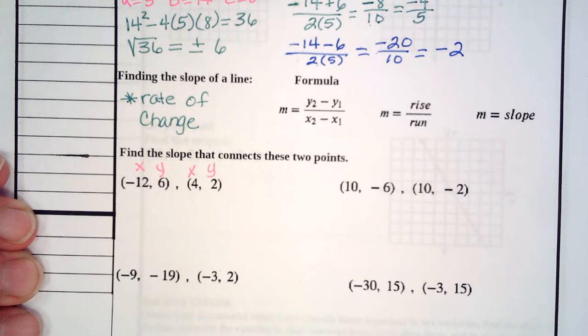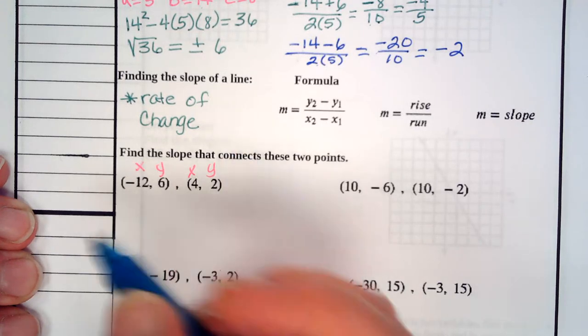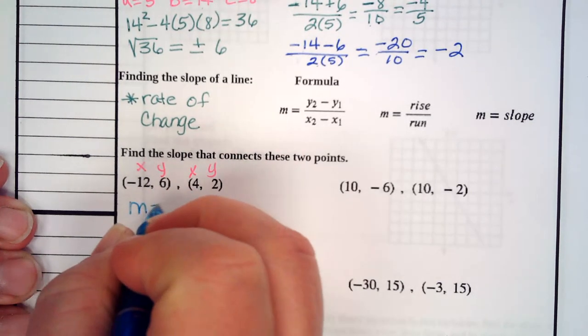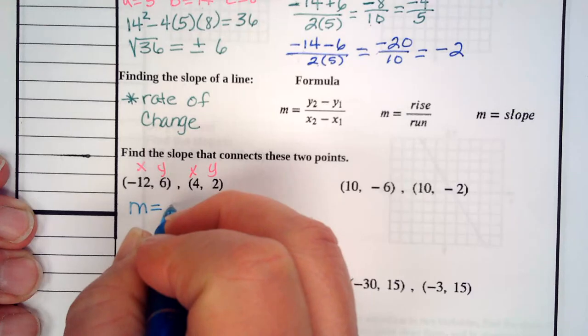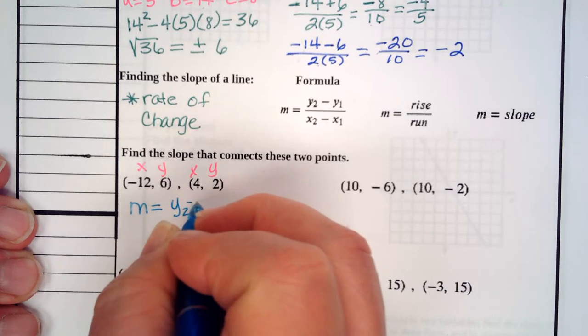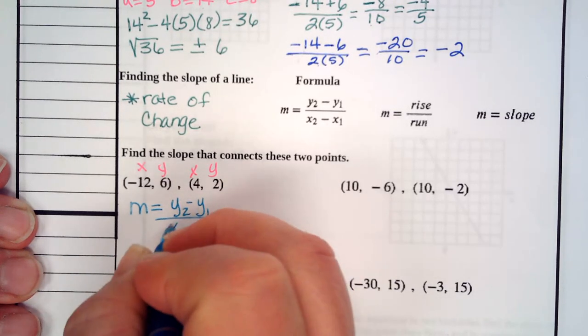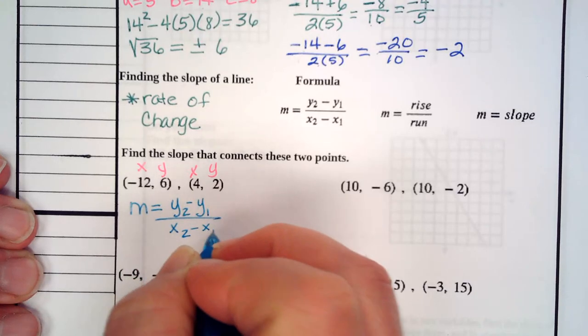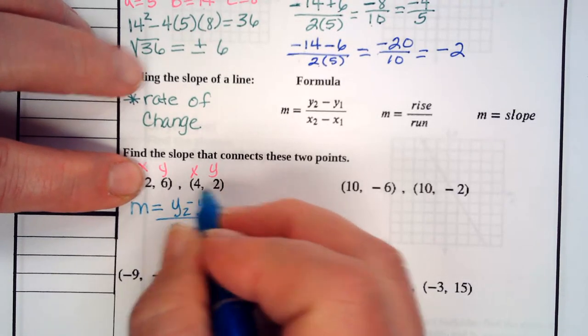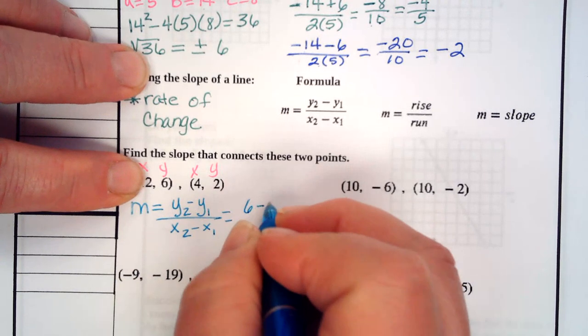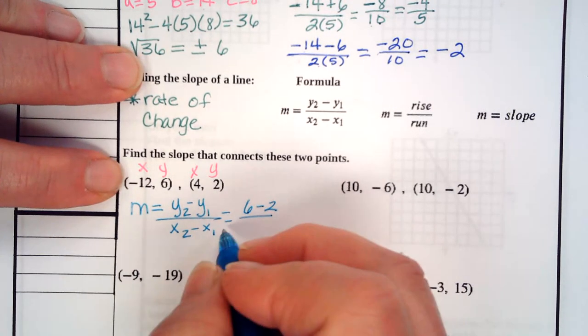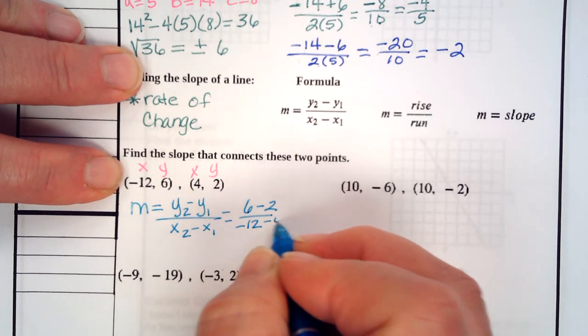So my suggestion is you start at the first one and go to the second one. This will be y sub 2 minus y sub 1 over x sub 2 minus x sub 1. 6 minus 2 over negative 12 minus 4.